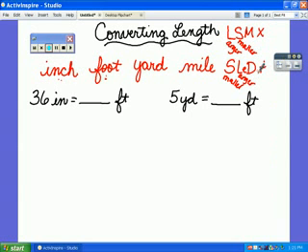Okay? So let's go to a problem. Let's start with 36 inches equals how many feet? So we're looking at inches and feet. Show me an inch with the crook of the finger. Show me a foot with your forearm. Inch, and then foot. And what are we doing? Smaller to larger, split, divide.